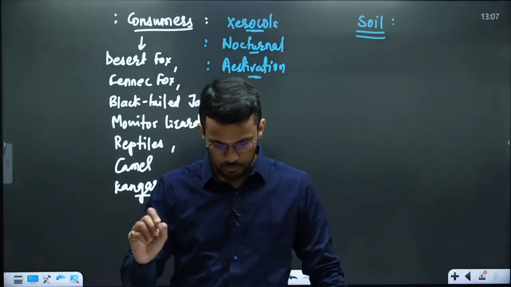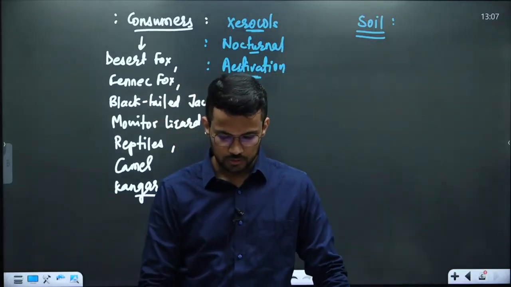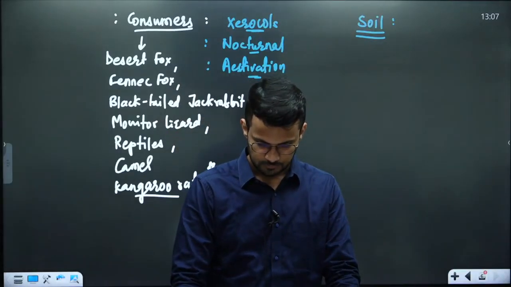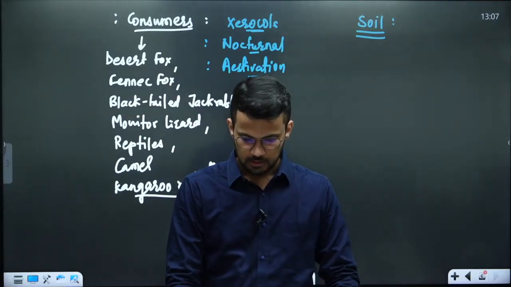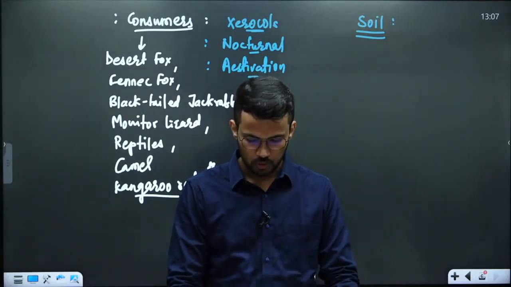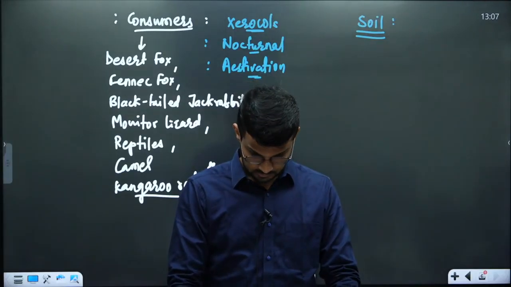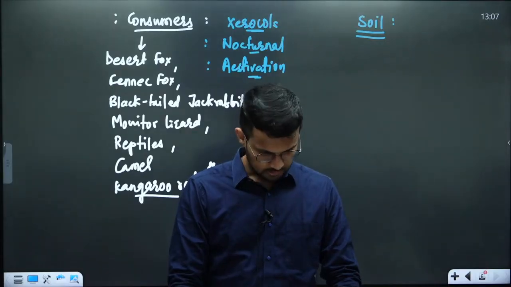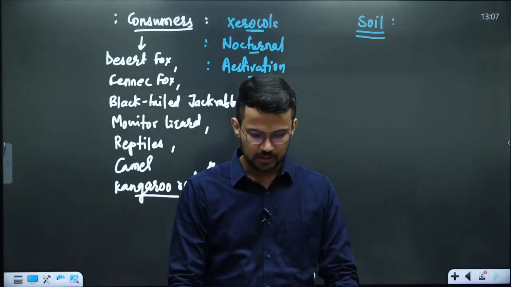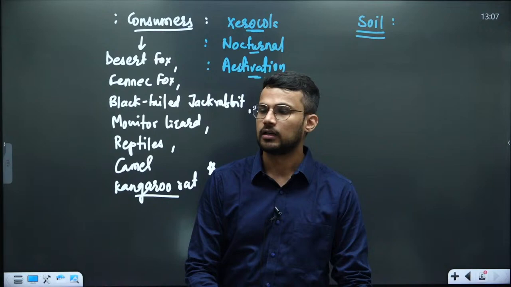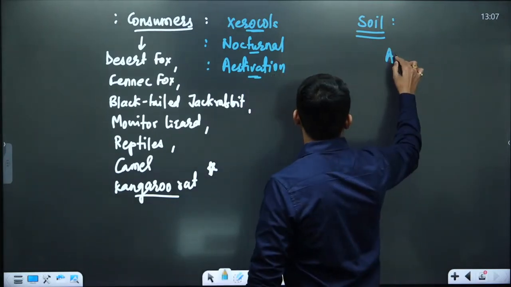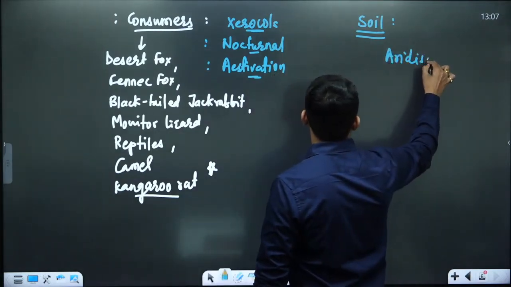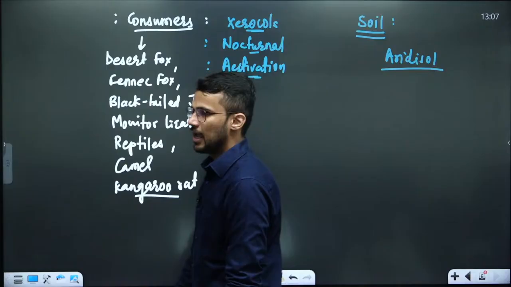Next, comma, high concentration of salts. Next, this kind of soil is called aridisol.